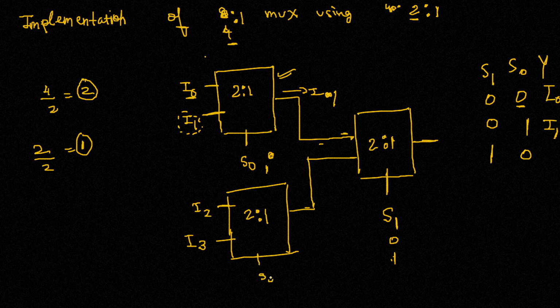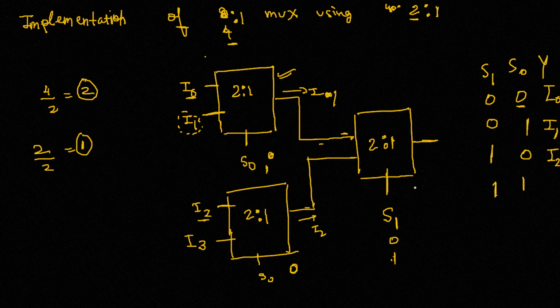Since the select line S0 has a value of 0, the first input line will be selected, which means I2 gets selected, and I2 is the output from this mux. And since S1 is 1, the input from the bottom mux is the only input that is considered and is directly taken as the output. So I2 is the output.